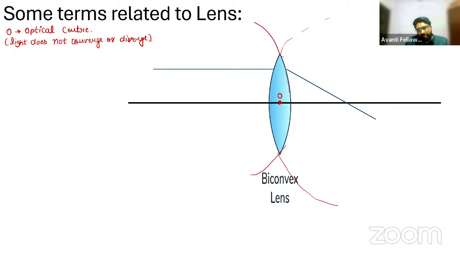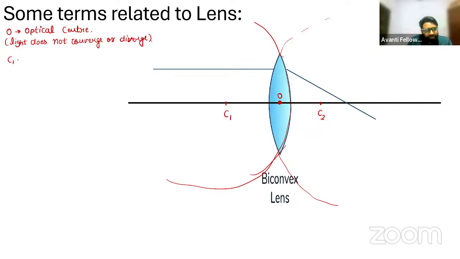The center of one sphere lies on this side, and the center of the other lies on the opposite side. Clear? These are the centers of curvature.